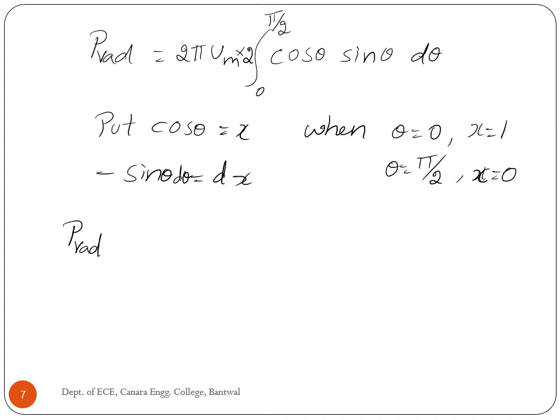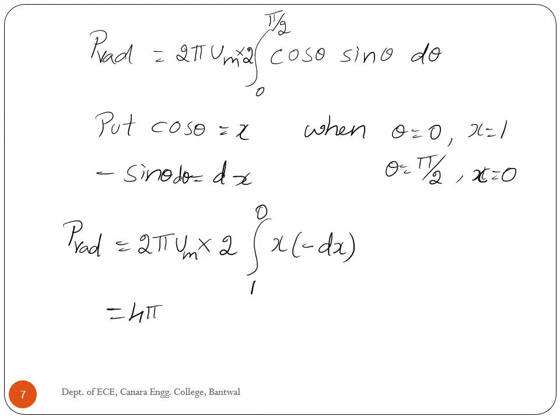Radiated power is equal to 2 pi Um into 2, integral from 1 to 0 of x minus dx, which is equal to 4 pi Um. To change the minus sign, I'll change the limit to 0 to 1 of x dx.